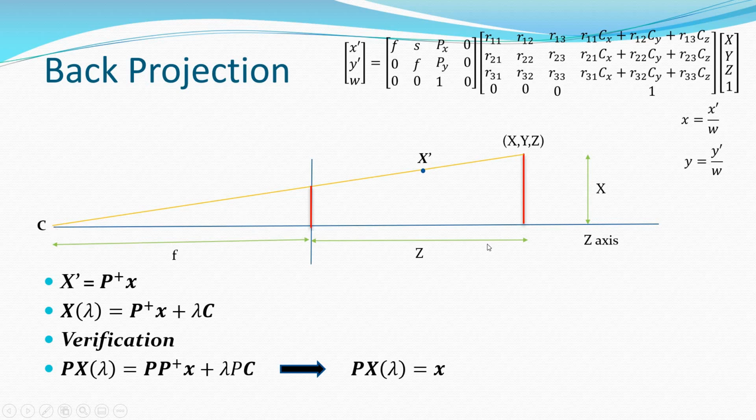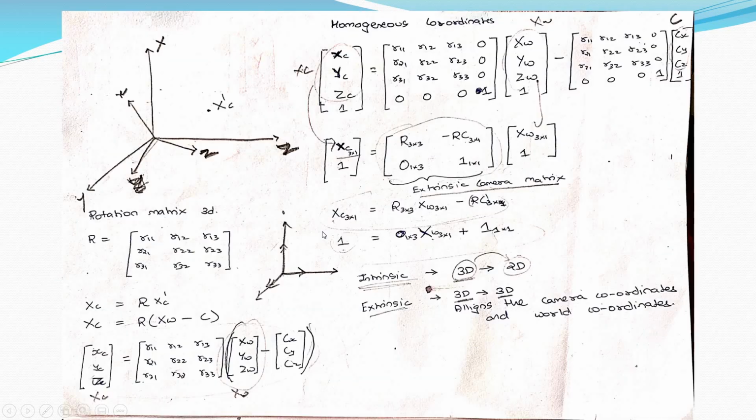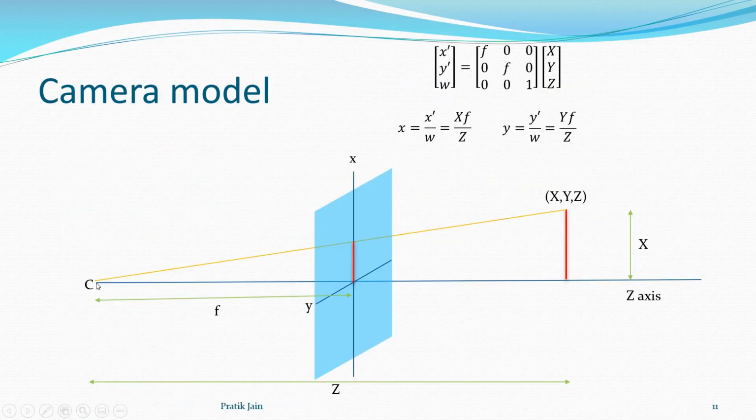We have always kept this camera model such that PC, the projection of the camera point onto the image, gives you 0. This is the camera center, and if we project it onto our image plane, it maps to the origin of the image, 0 comma 0.